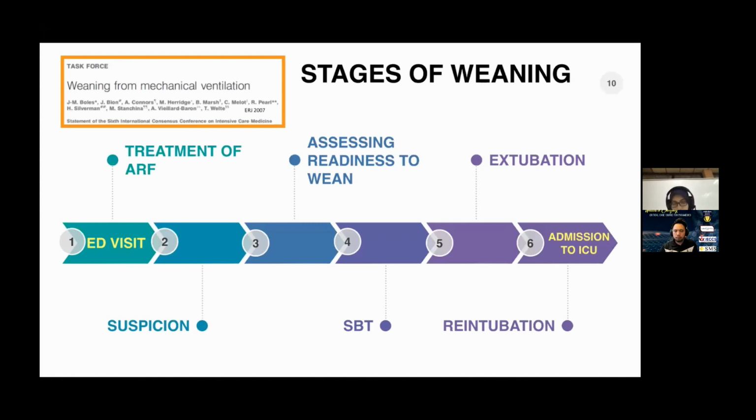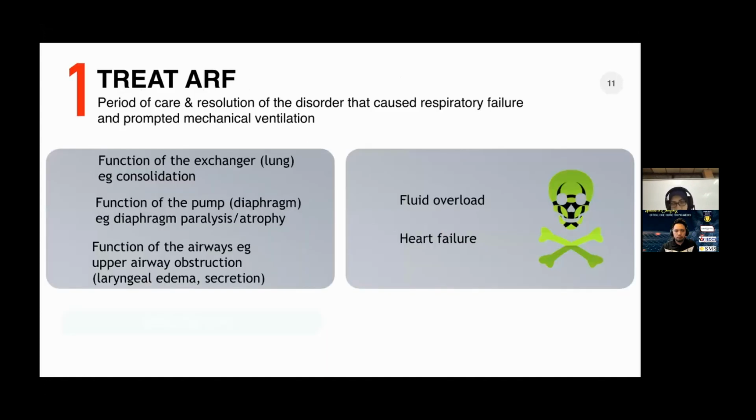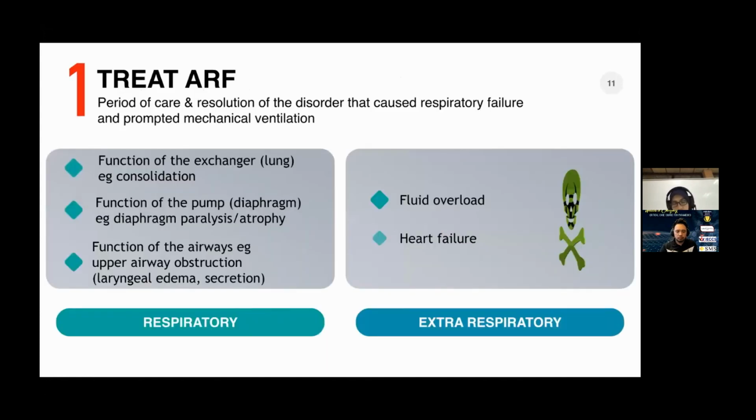Right, so we go to step 1 or stage 1, which is the acute respiratory failure. This is the period of care and resolution of the disorder that caused respiratory failure and prompted mechanical ventilation. Most patients who come to us in the ED must have a reason why they required intubation.